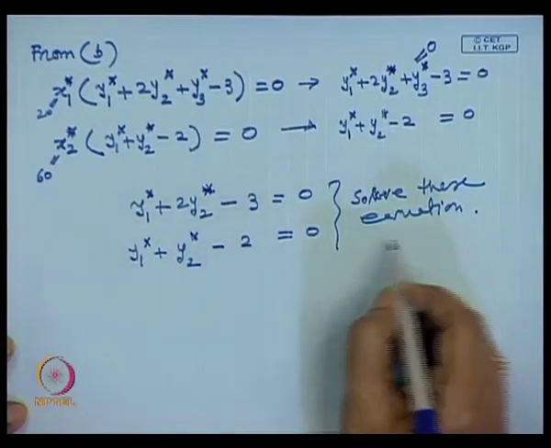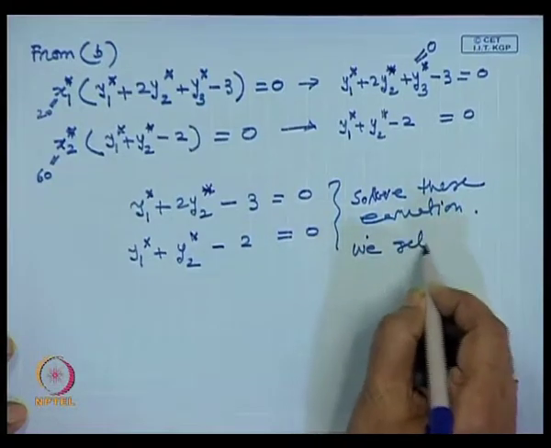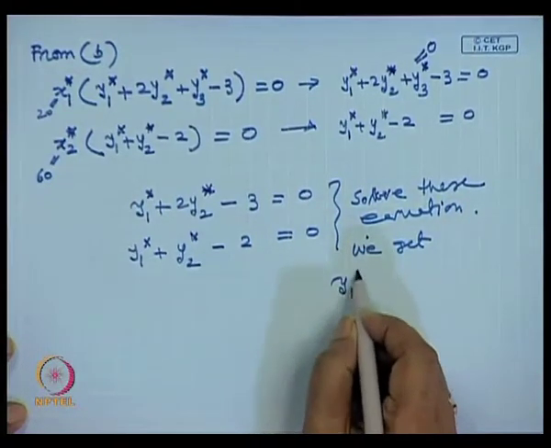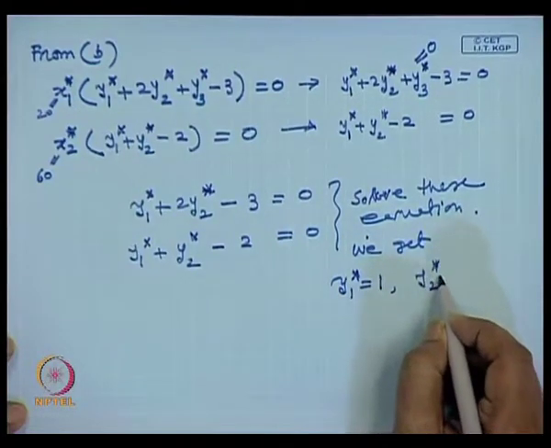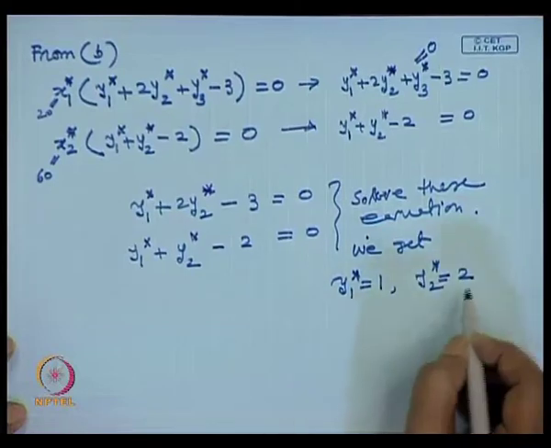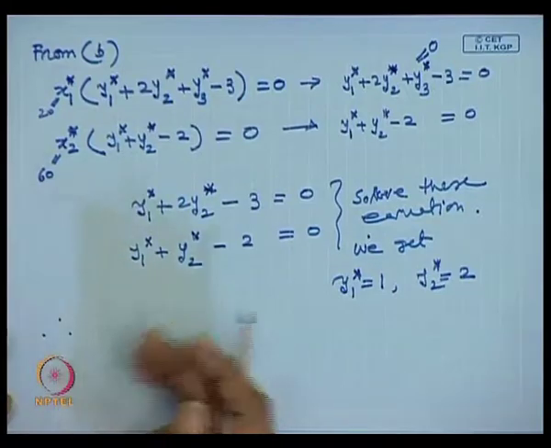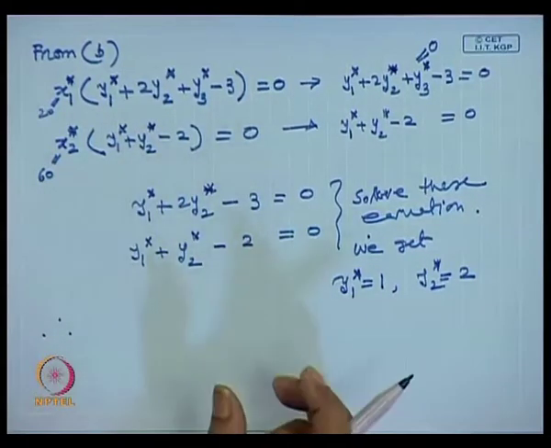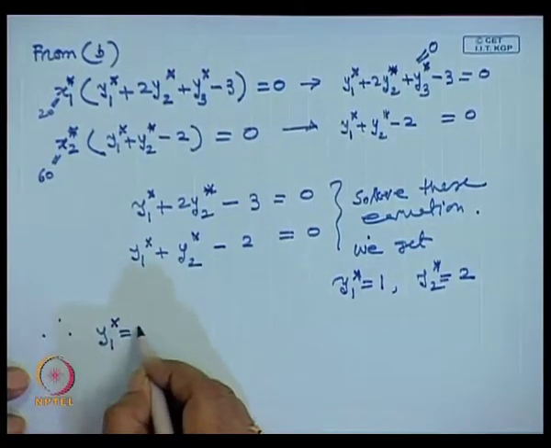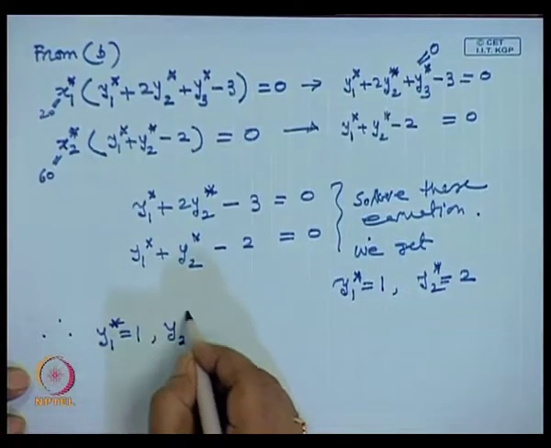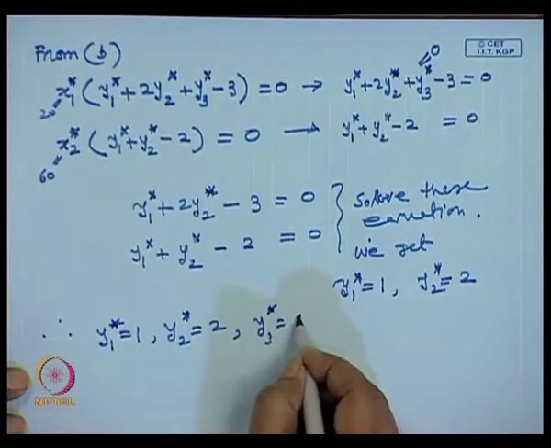We get y1 star is equal to 1, y2 star is equal to 2. Agree? So the optimal solution of the dual variables is y1 star is equal to 1, y2 star is equal to 2, y3 star is equal to 0.